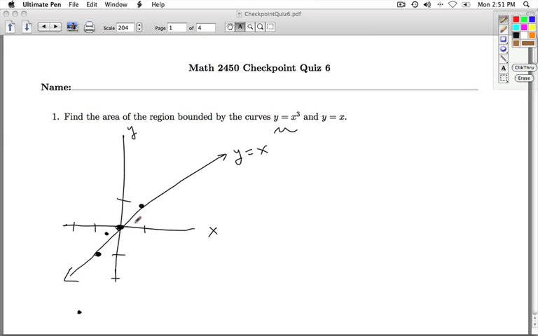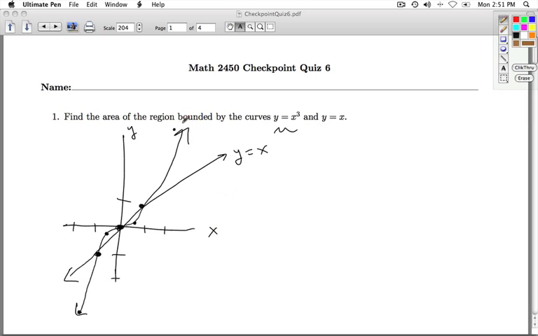If I plug it into the y equals x cubed, I get positive 1/8, which is going to be smaller than 1/2, which is what I would get on that line. And then if I plug in 2, I'm up at positive 8. And so we can connect the dots then. And so that's the familiar S shape of that y equals x cubed.